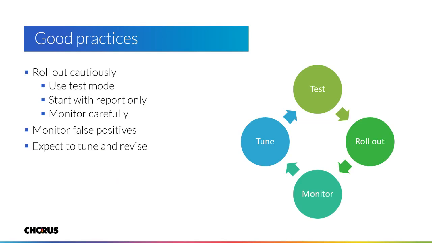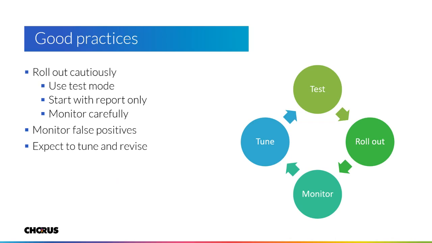So a few good practices here. This is all really about being a little bit cautious. So DLP policies aren't really the kind of thing that you can just switch on and go away and forget about. You do have to pilot them, you do have to test them, and you do have to monitor them. There are some horror stories out there about organizations that switch on a DLP policy, block the managing director from sending an email, and have to backtrack fairly swiftly on their rollout after that.